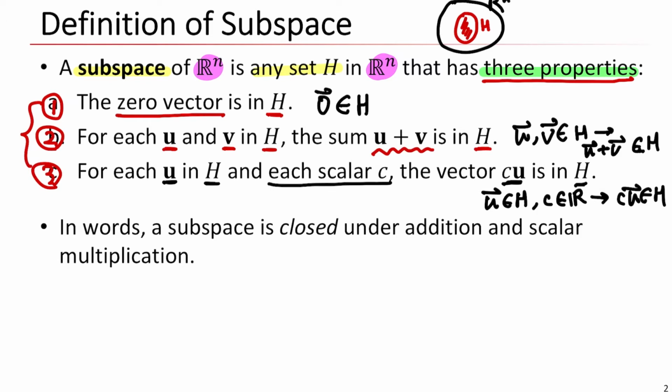This is the condition of the subspace. In other words, the subspace is closed under addition and closed under scalar multiplication, as you can see here. Okay, so this is the definition of the subspace.